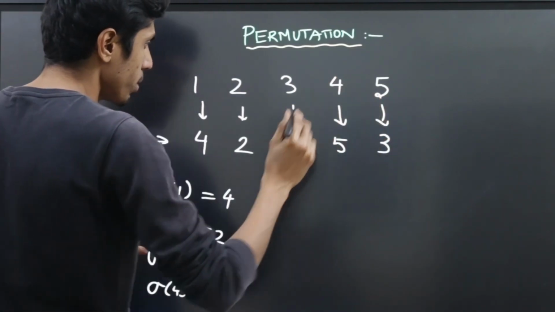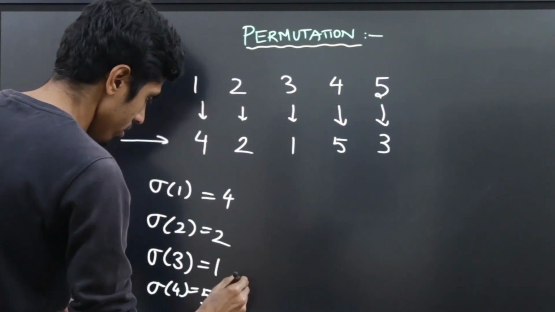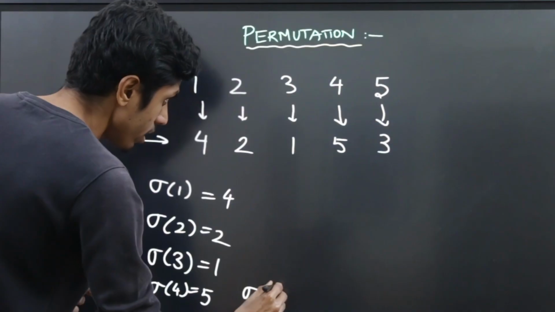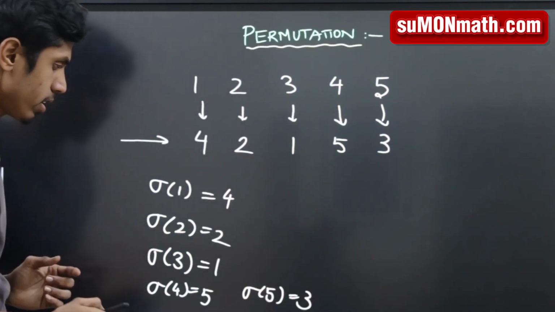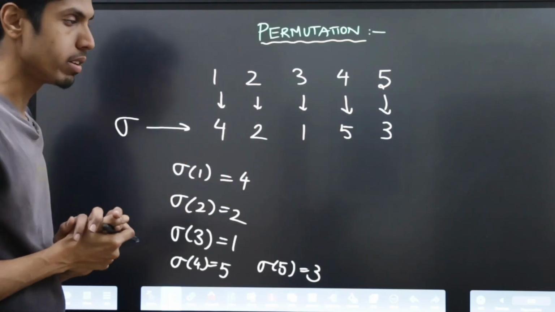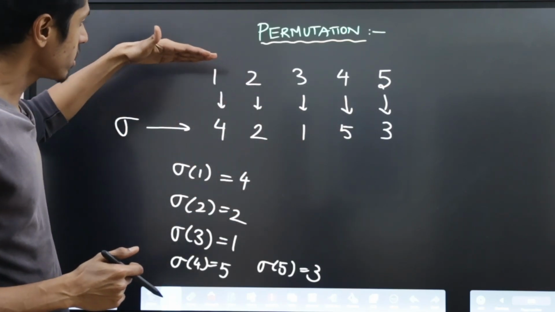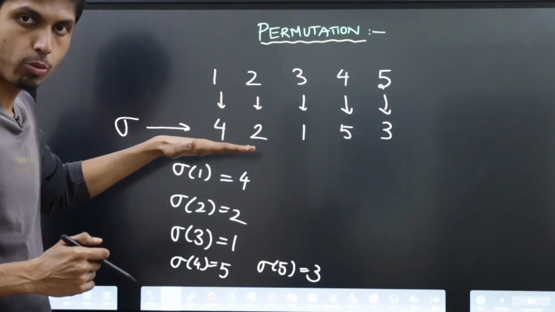And 5's position by 3, so sigma of 5 equals 3. This is the functional representation of a permutation that's given. You can write like this for any given permutation. Just make this the input and this will be the output.